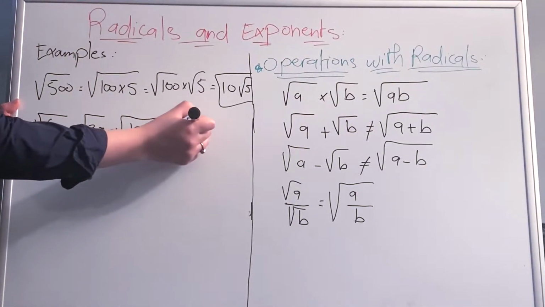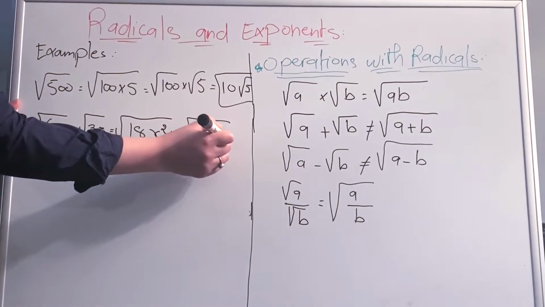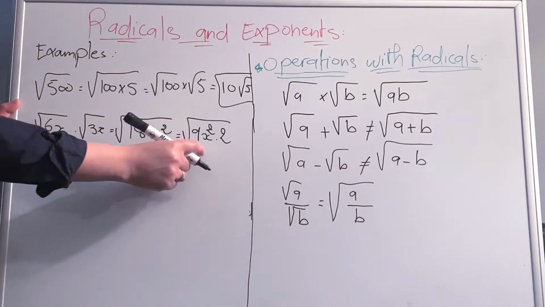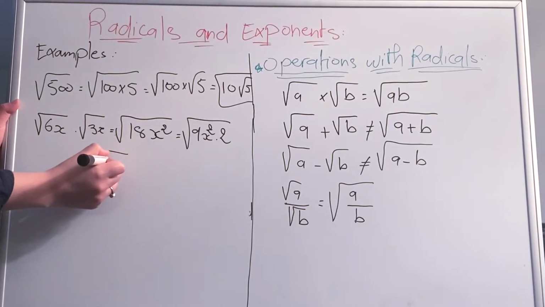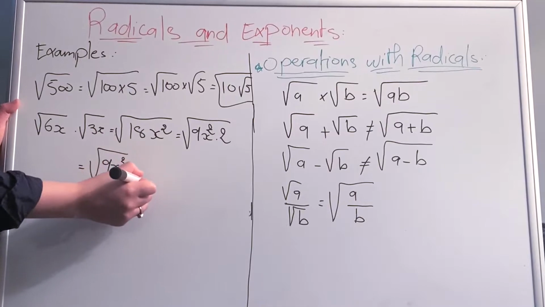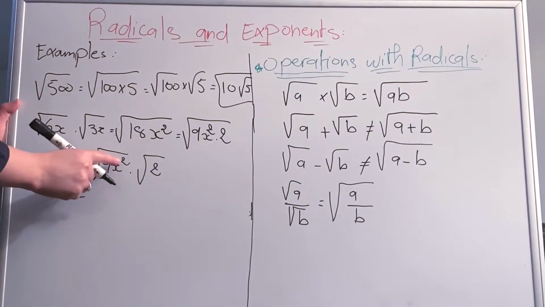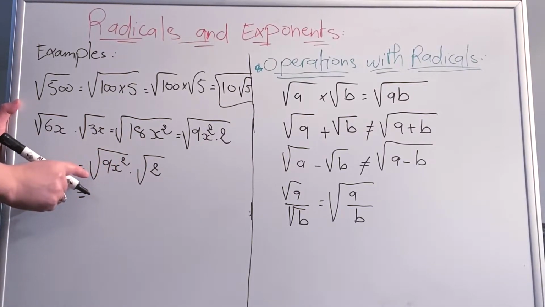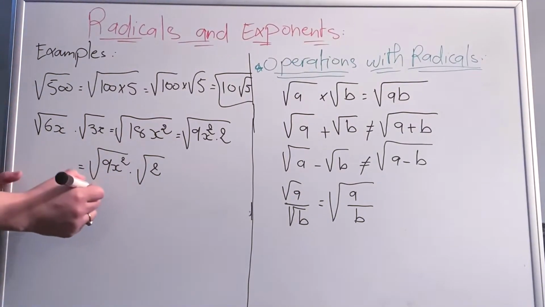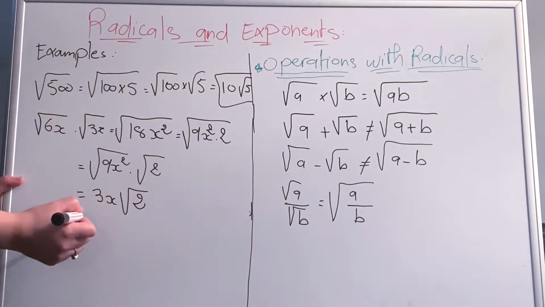That's equal to the square root of 9x square multiplied by 2, and that's equal to the square root of 9x square multiplied by the square root of 2, and we know that the square root of 9 equals 3, so it's 3x square root of 2.